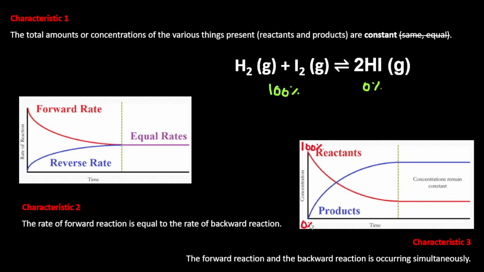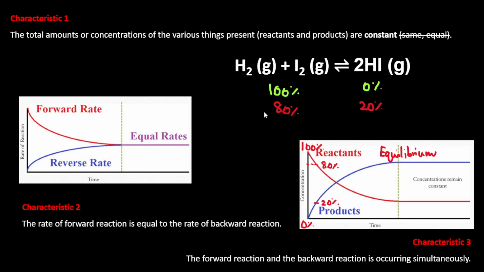But once the reaction starts to take place, your reactants will start to fall, let's say to 80%. At that time, how much do you think the product will become? 20%. So the reactants have dropped from 100% to 80%, but your products have increased from 0% to 20%. The reduction of reactant concentration and the increase of the product, hydrogen iodide, will continue until they arrive at a position which we call a dynamic equilibrium.